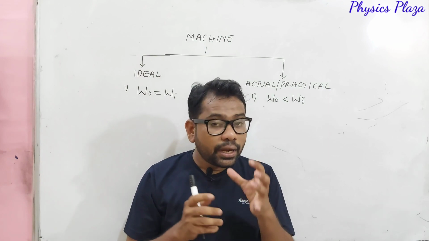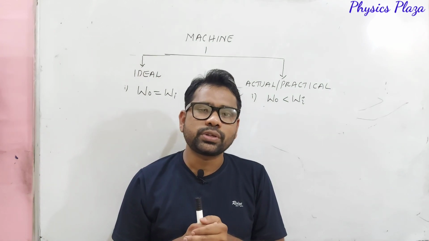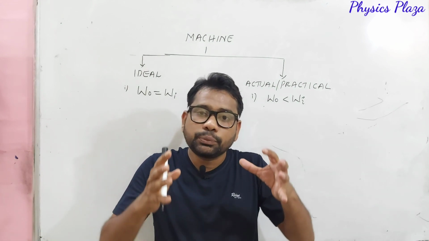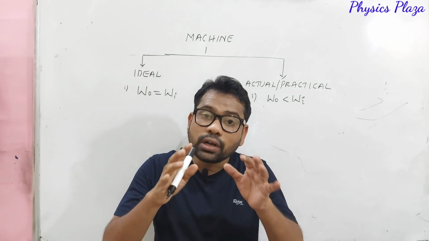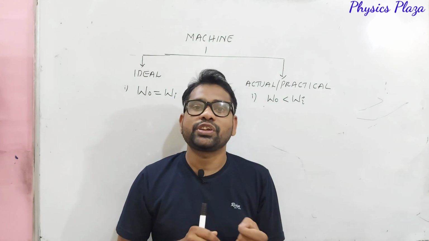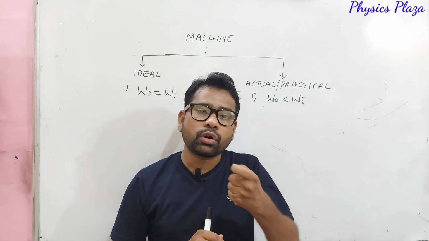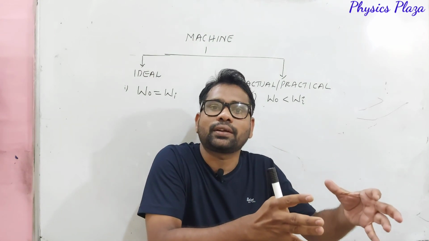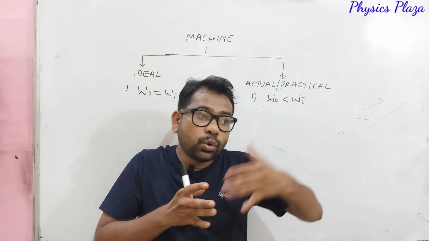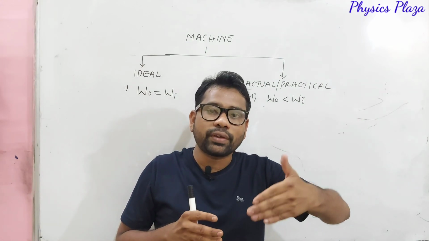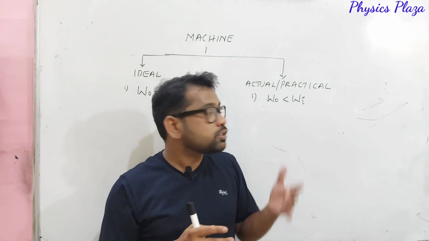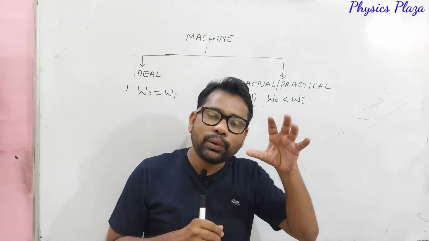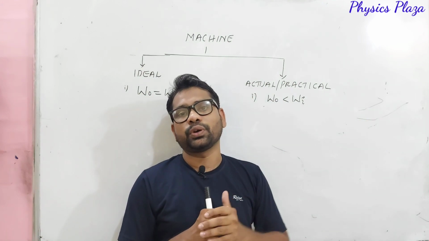The strings which we are using are inelastic and not lightweight. And the pulleys which we are using are not frictionless; they have friction. To overcome that friction and the heavy weights of the parts of the machine, some amount of energy must be spent. So as some energy is spent to overcome friction and heavy weights, obviously the work output which we are getting will always be less than the work input.